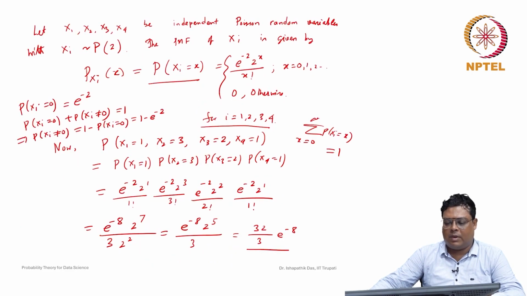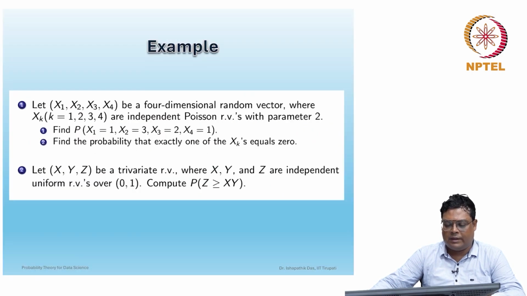There is another method also to find this probability, because it is asking to find the probability that exactly 1 of the x is 0. So you can redefine this random variable in such a way that you can use the binomial concept.